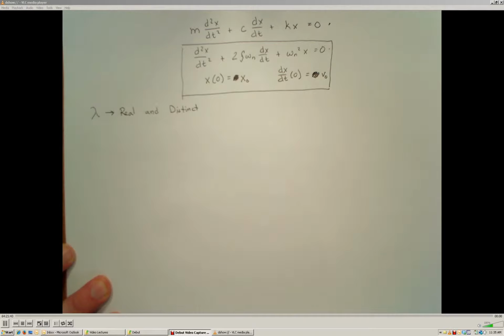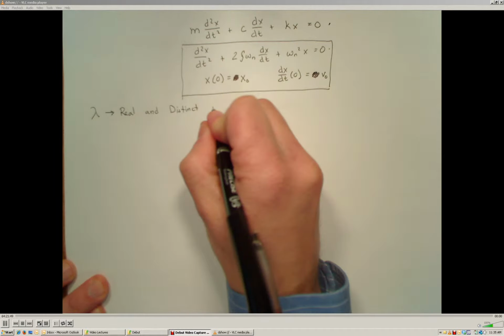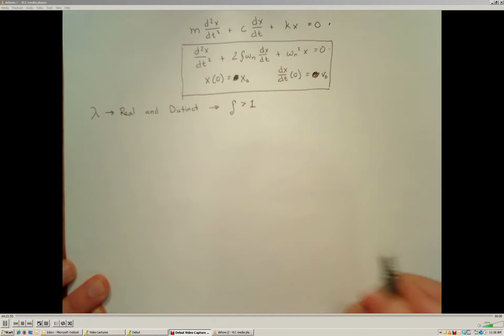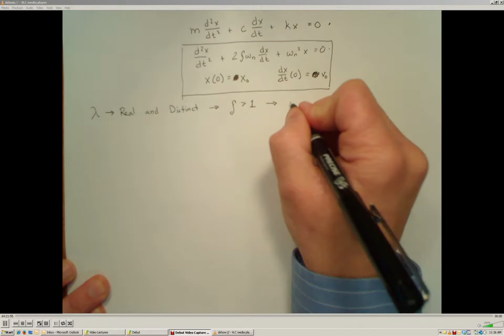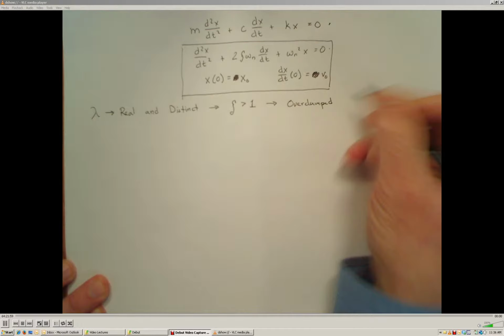In that case, we know that that comes from the case where the damping ratio is greater than 1, and that also means that we have an overdamped second-order system.